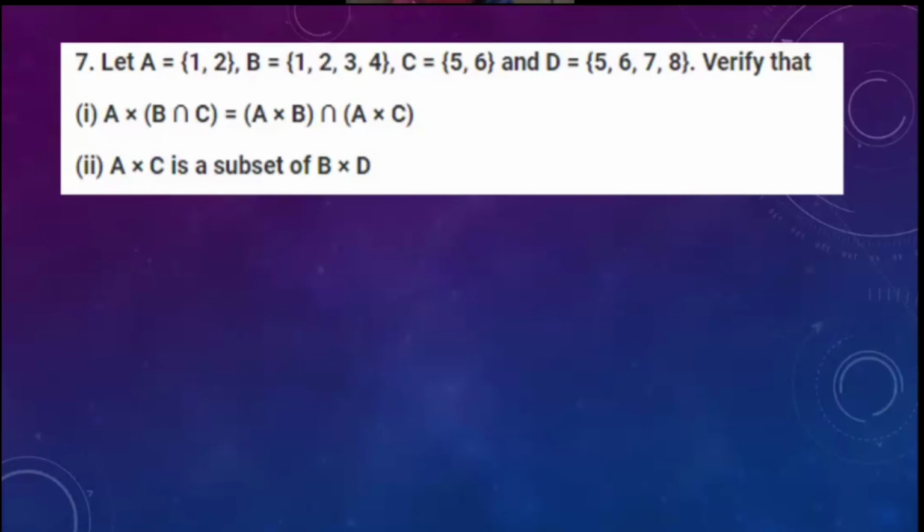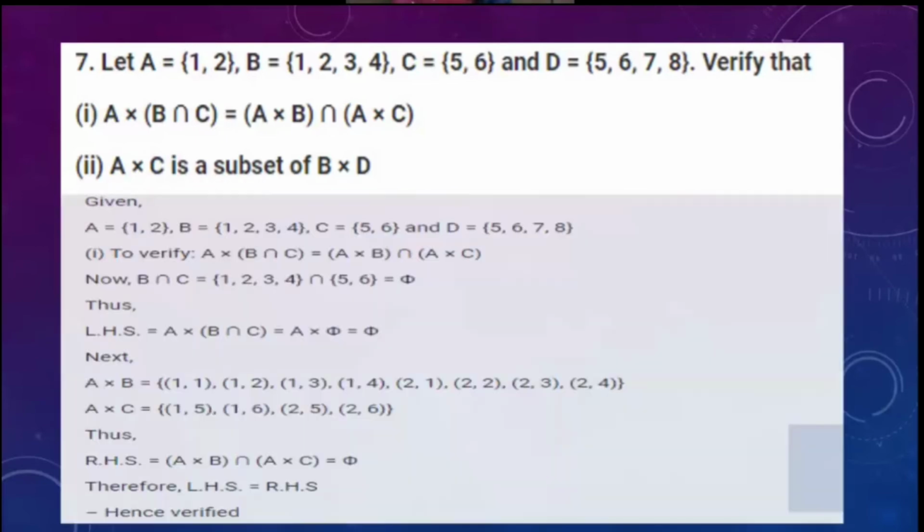The first bit they asked you to verify A Cartesian product with B intersection C equals A into B intersection A into C. And the second bit they asked you to prove A into C is a subset of B into D. So first you need to find B intersection C.